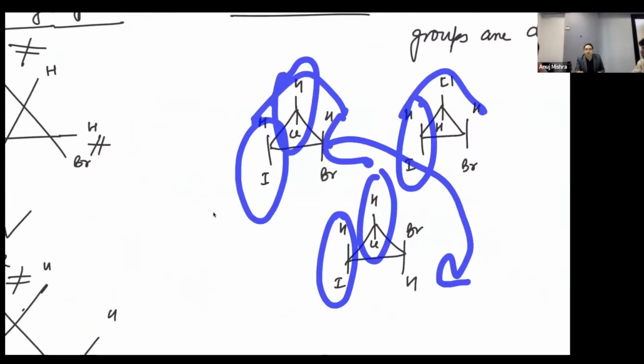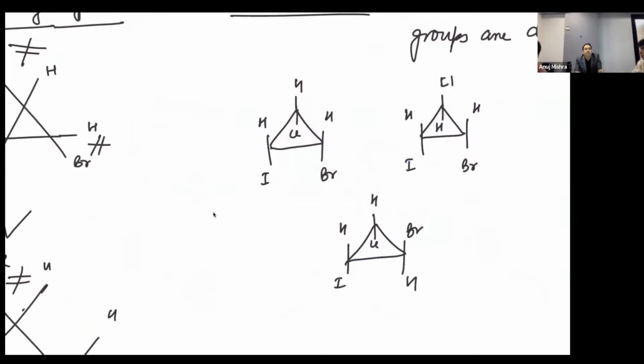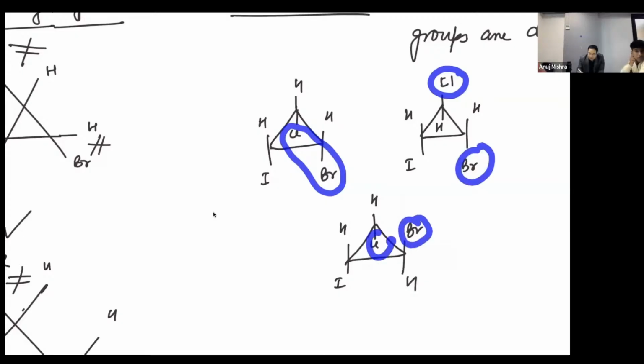H Br and Br H. So basically playing around with the structures in a certain manner and getting different permutations and combinations, right? For example, here Cl and Br are same side. Here Cl and Br are opposite side. Here Cl and Br are opposite side and I is on the side of chlorine. Here Cl and Br are opposite side, and I is opposite of chlorine.